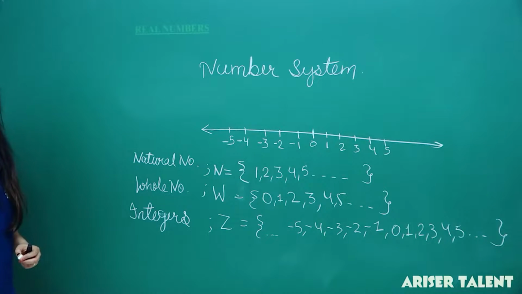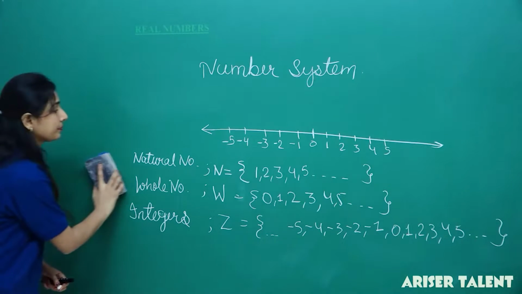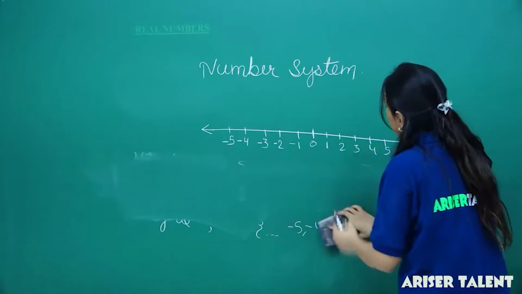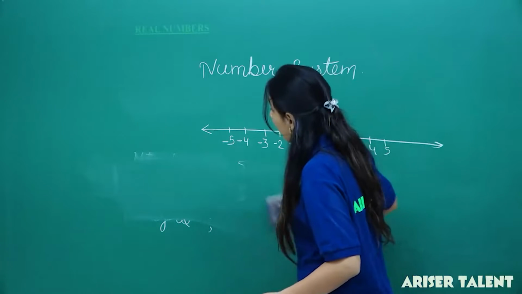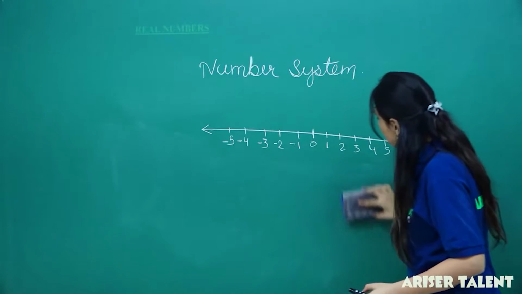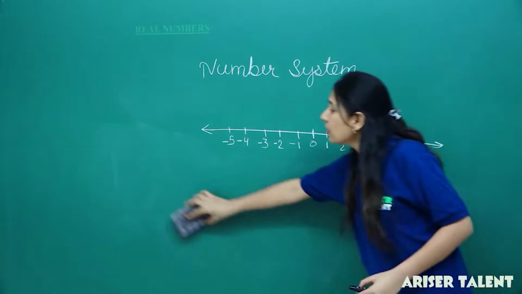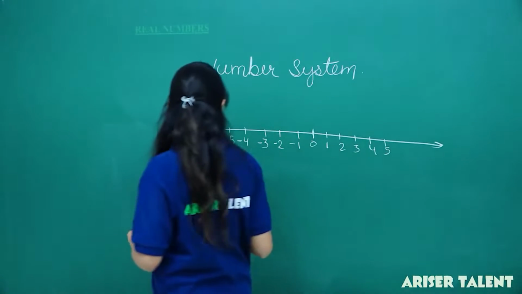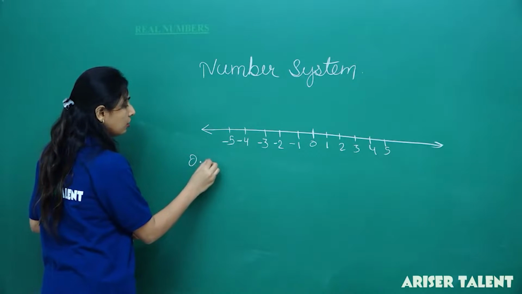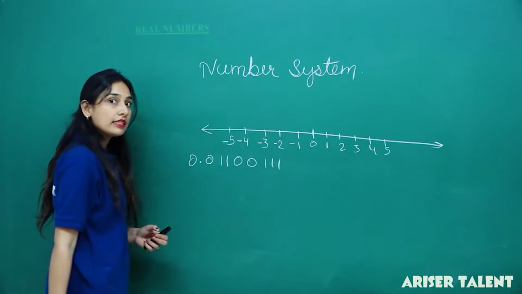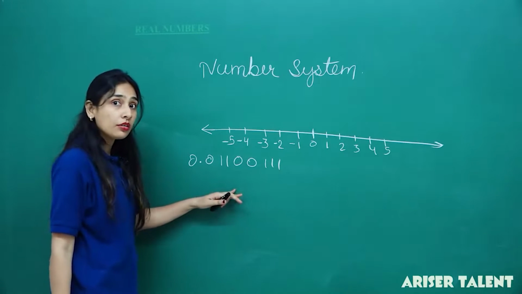Note it down. Okay, now we are having some space between 0 and 1 and 0 and -1. So, are there some numbers that are remaining after studying all these sets? Yes, of course. Look at this. Is this a number or not?